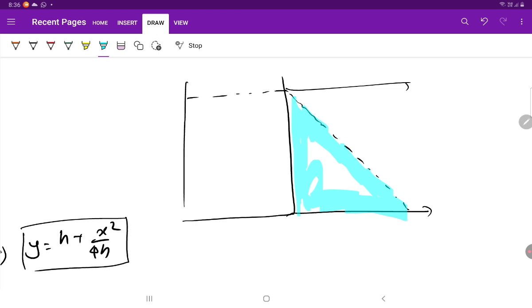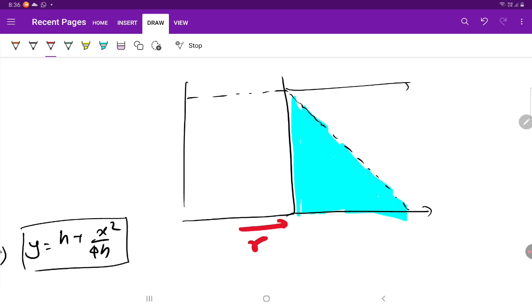Now advanced or other olympiad-like questions will make a variation, like if you have to find the area covered by this kind of sprinkler, assume this to be a sprinkler, and you want to find the maximum area which can be covered, then you can just take it like this.